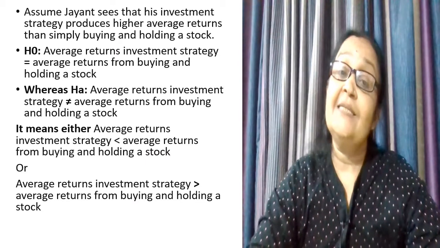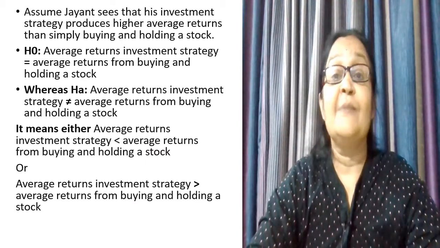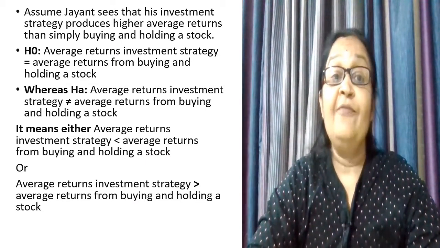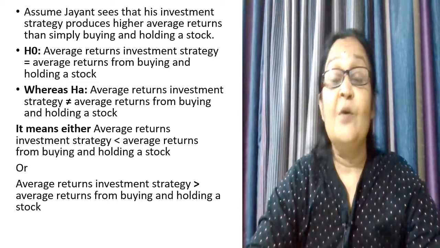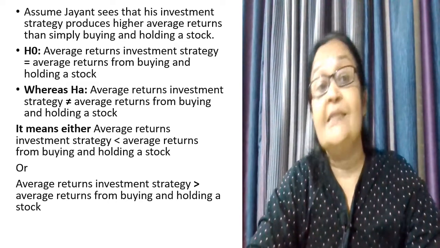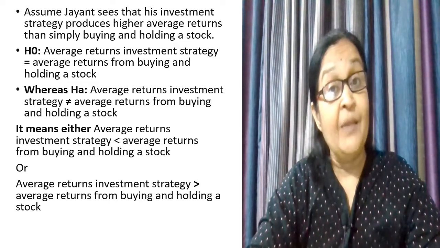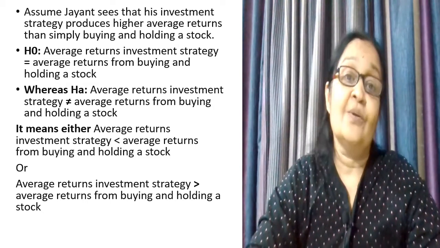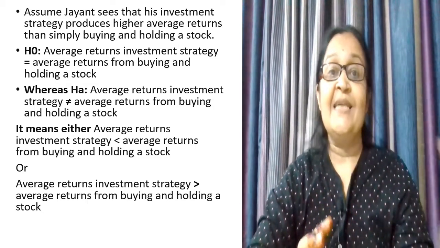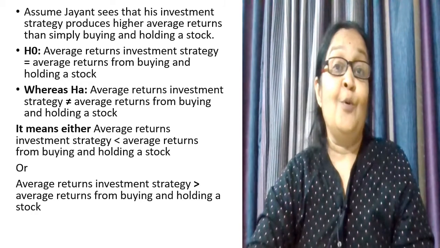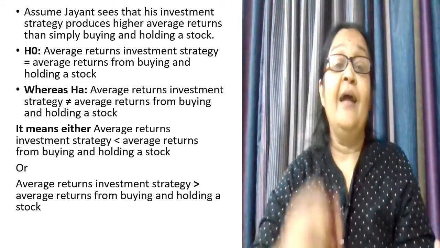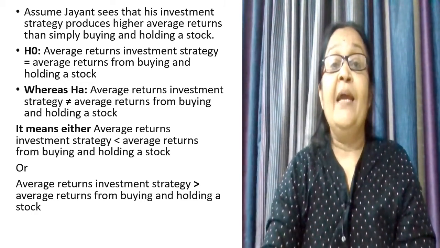Now friends, let us take another example of the investment strategy which my friend Jayanta says produces higher average returns than simply buy and hold a stock. It means on one side, the investment strategy proposed by my friend Jayanta, and on the other side, buying and holding a stock.